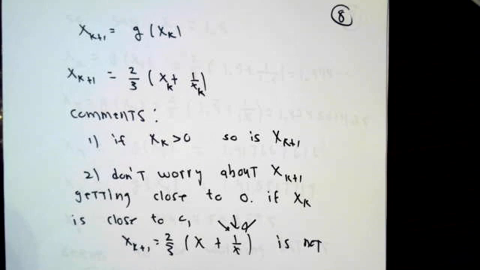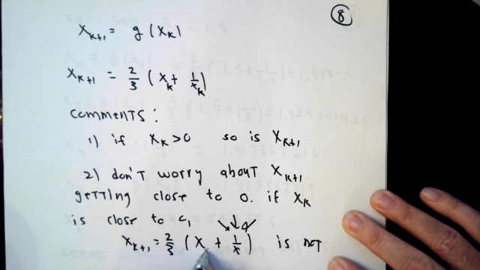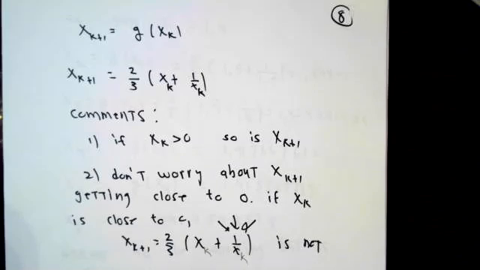And secondly, I don't need to worry about getting close to 0, because if xk were to get close to 0, then x number k plus 1, which includes a term that's the reciprocal of xk, will be far from 0. So if I start off with a positive x1, I don't have to worry about this thing approaching 0, where the g is undefined.